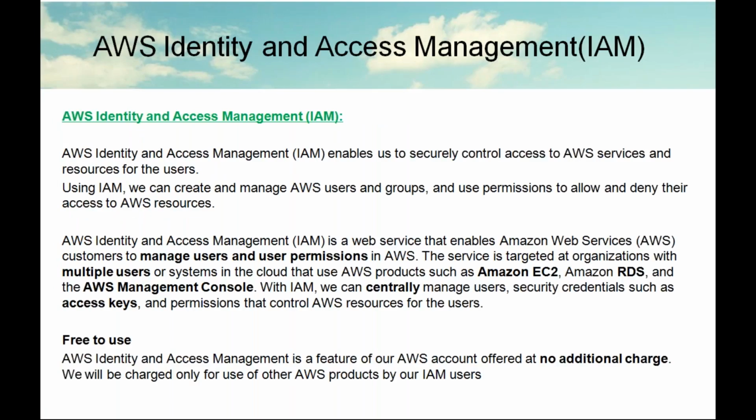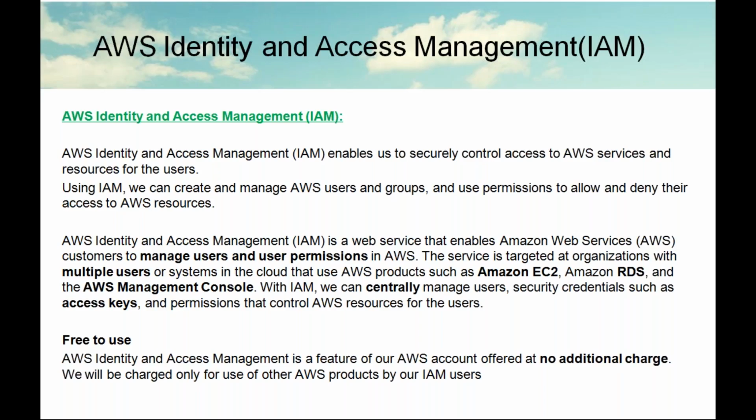AWS Identity and Access Management enables us to securely control access to AWS services and resources for users. Using IAM, we can create and manage AWS users and groups, and use permissions to allow and deny their access to AWS resources.